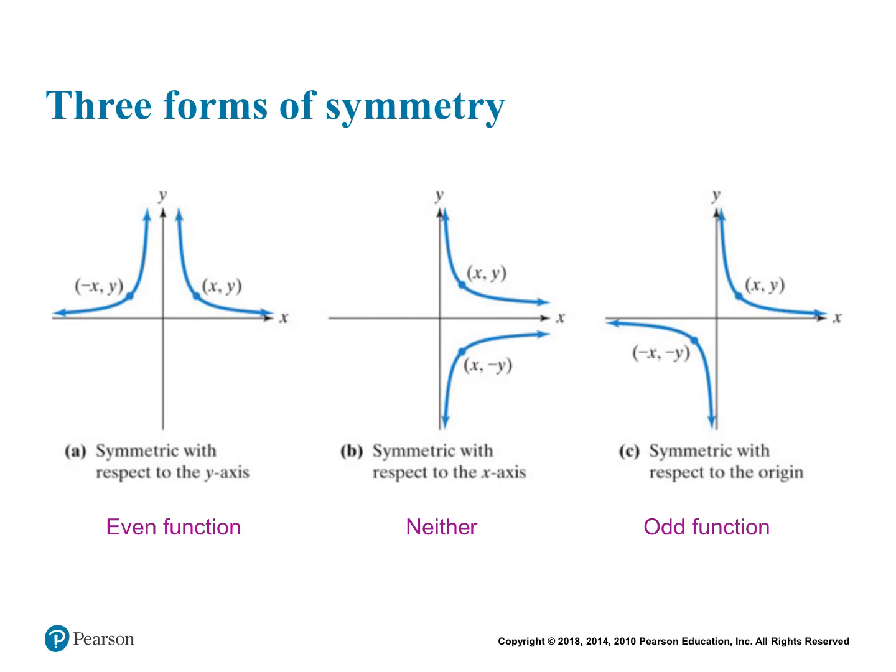So here's some visuals for forms of symmetry. So if it can be reflected over the y-axis, it is an even function. If it's symmetric with respect to the x-axis, that is neither. And you can see this one does not pass the vertical line test.